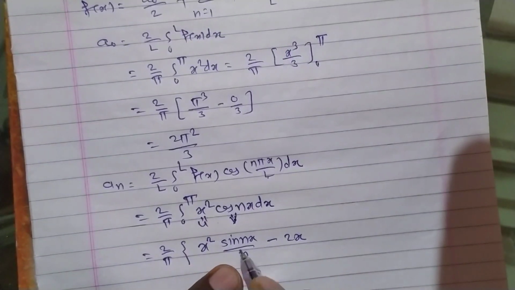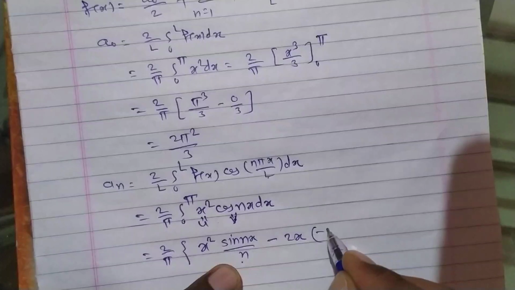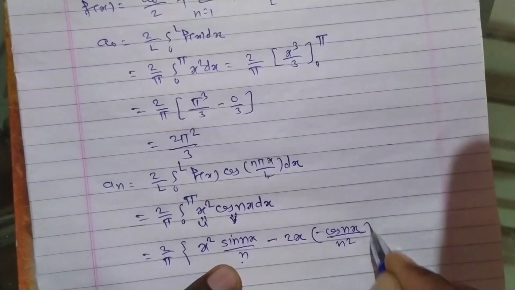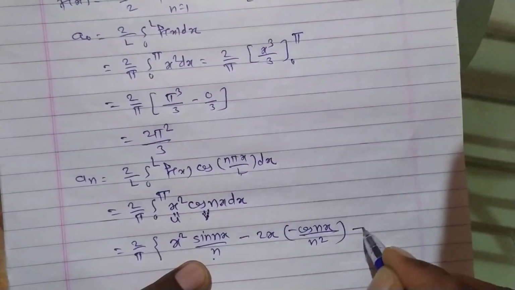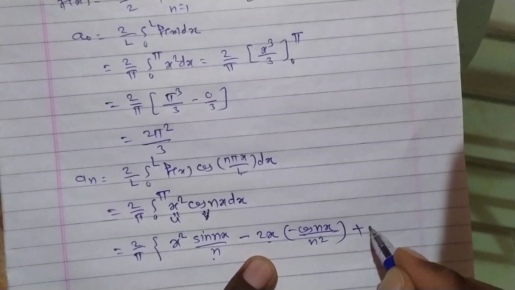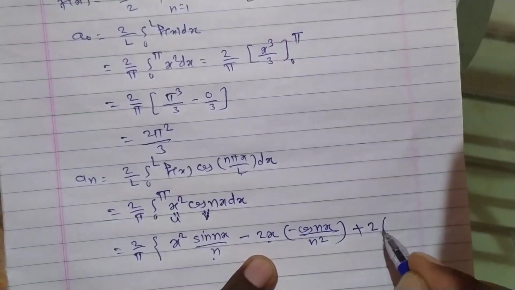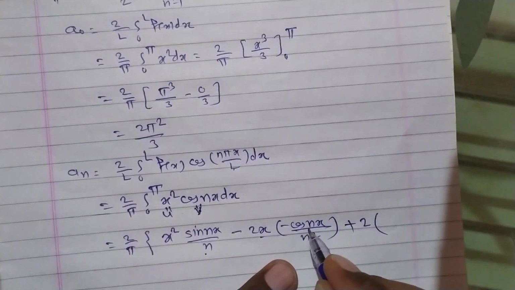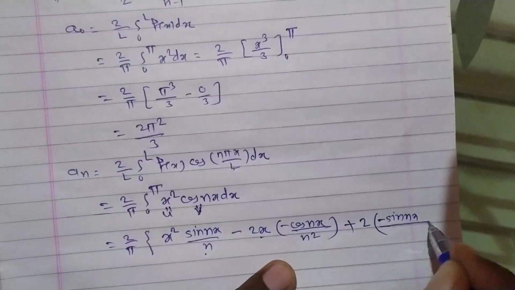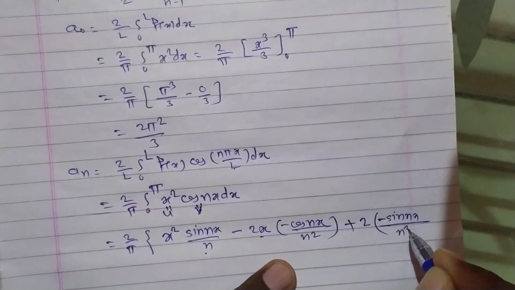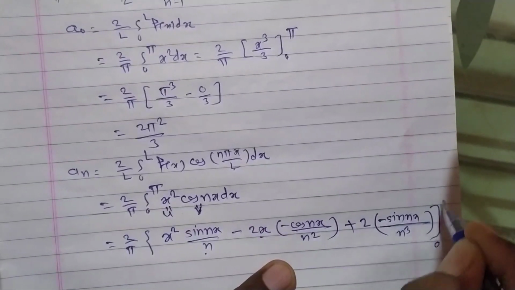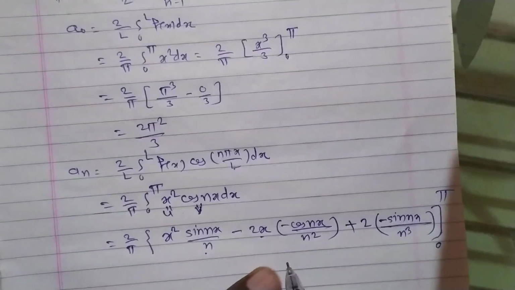The integration of sin nx is −cos nx upon n, into n is n², plus u'' the derivative of u', which is 2, into v3 the integration of −cos nx, that is −sin nx upon n, into this n² is n³, and the limit here for x² is from 0 to π.